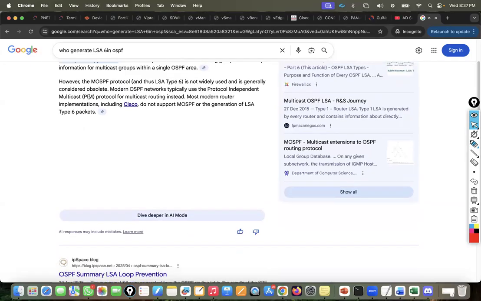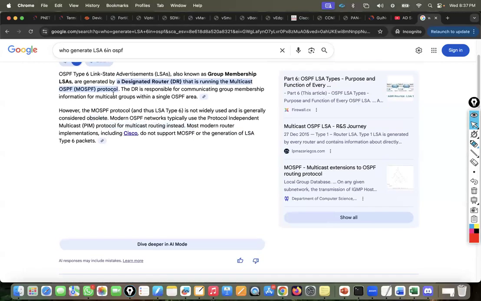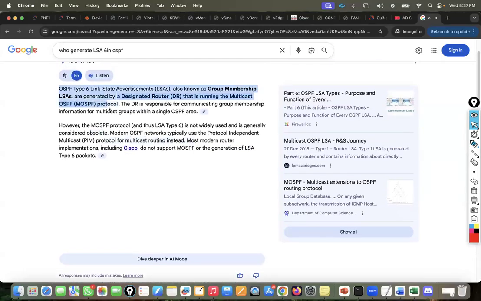However, this LSA is generally considered obsolete. Networks use the protocol-independent PIM protocol for multicast routing instead. So this was generated the old way, and it is not in use nowadays because we use PIM mode. PIM is still there, but in that case we do not generate any LSA.